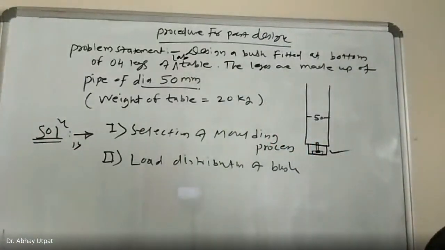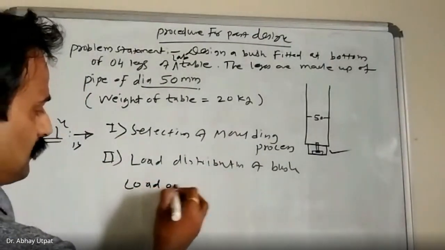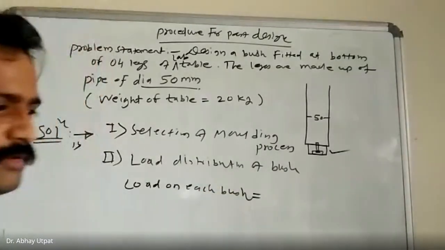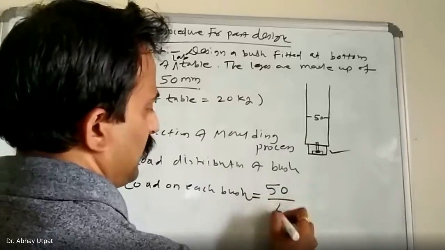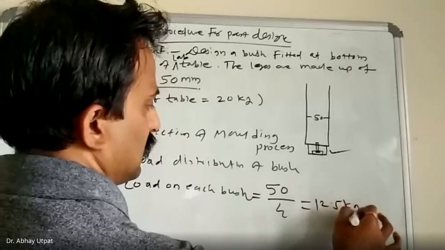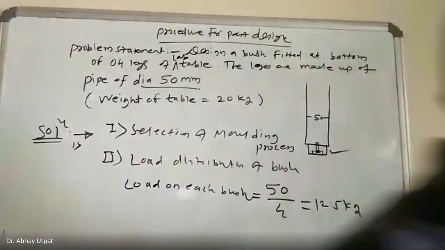Let us assume 30 kg load is kept on the table. Hence, load on each bush: 20 plus 30 is equal to 50 kg. 50 divided by 4, so around 12.5 kg. Load on each bush is 12.5 kg.